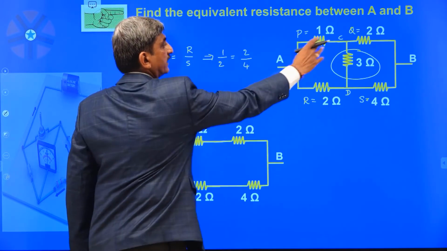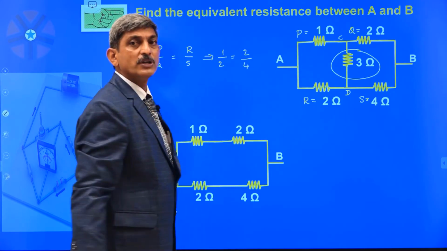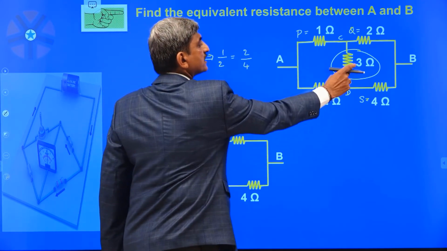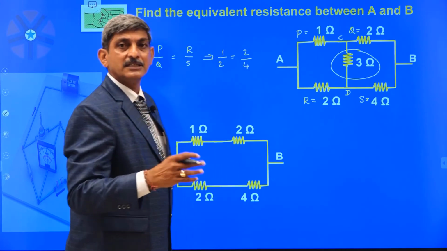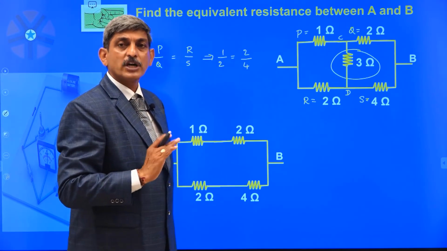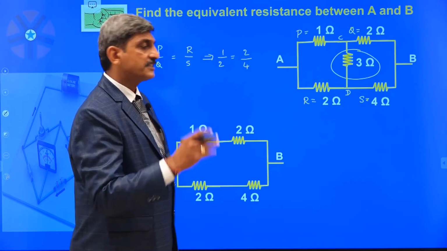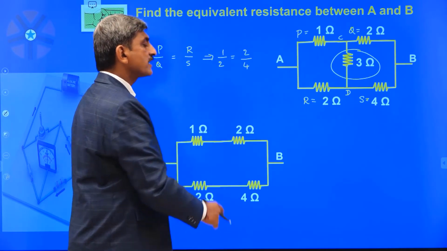See here, there were 5 resistors, now there are only 4 resistors. The central resistor, the 3 ohm resistor, is eliminated because no current is passing through it, and the remaining resistors are represented in the circuit.